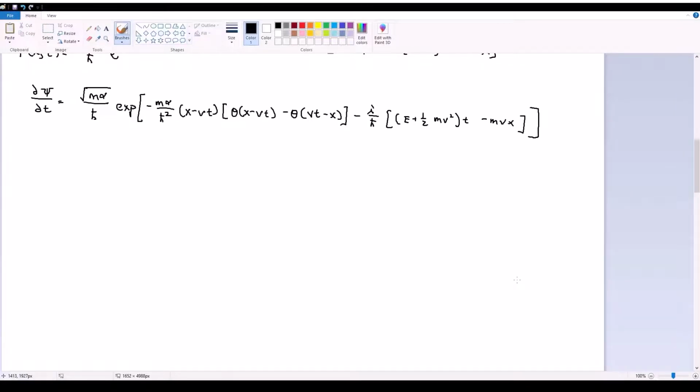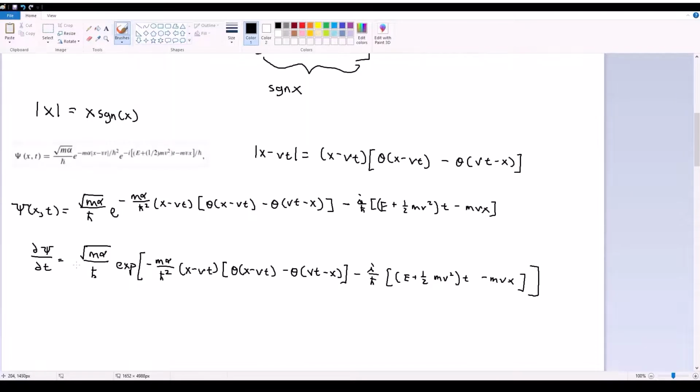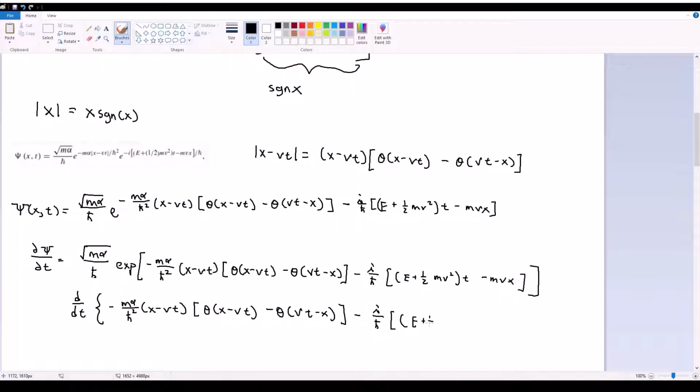And then the derivative of this expression, so d by dt of negative m alpha over h bar squared, x minus vt, theta x minus vt minus theta vt minus x minus I over h bar e plus 1/2 mv squared times t minus mvx.